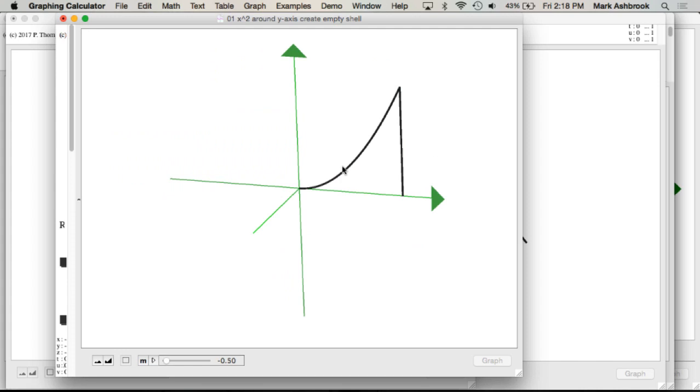I'm just going to draw one. Suppose the current value of y is here. So here's the current value of y. Now we're going to think of y increasing through delta y intervals. So let's say here's a delta y interval. Okay, and we got to draw this whole thing, right? So we imagine the whole thing rotated.